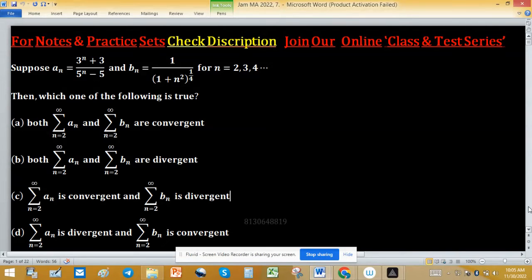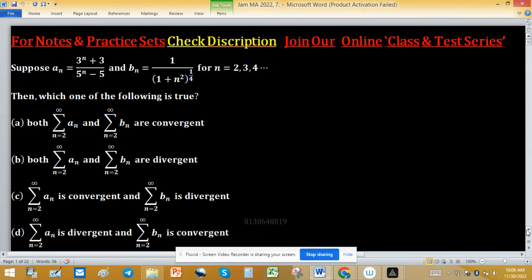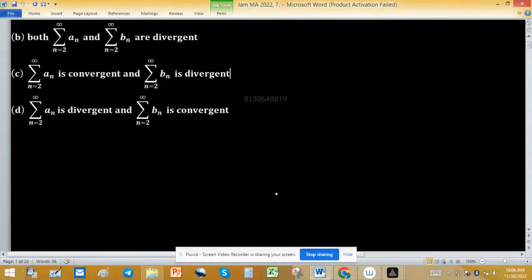For this problem, if a series is convergent, then the limit of its nth term, or the sequence of partial sums, is convergent. So we try to solve this problem. First, summation an, if convergent, then limit of an equals 0.